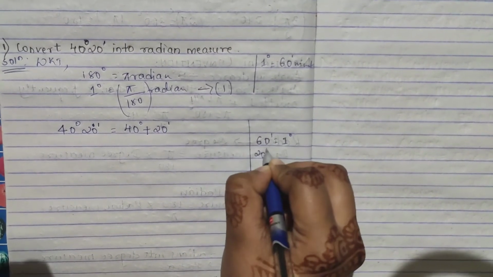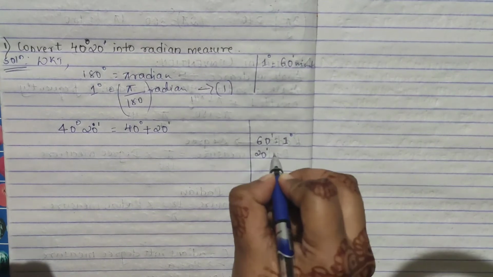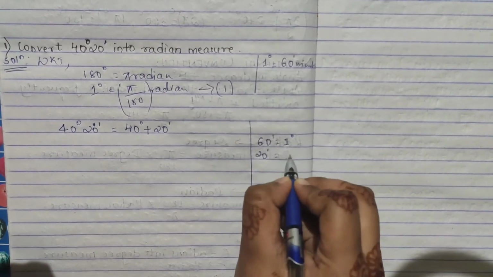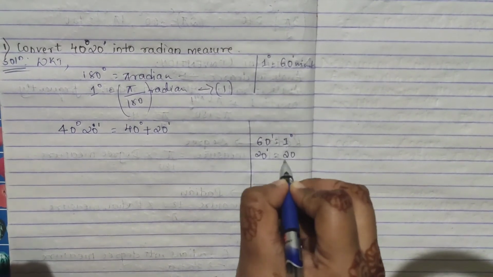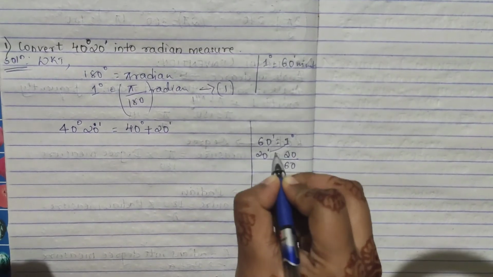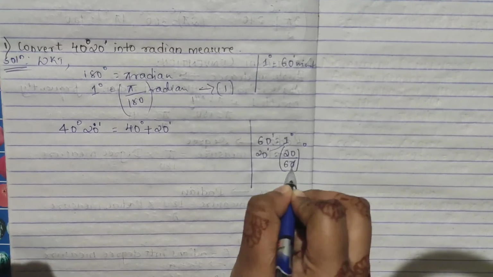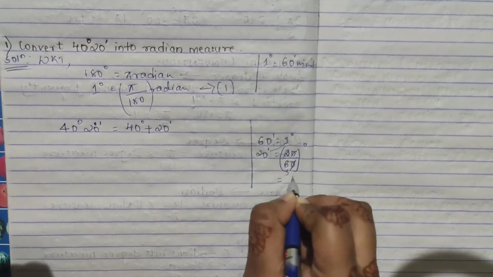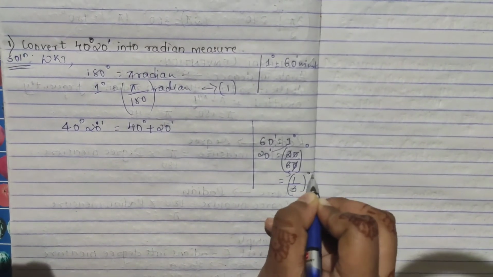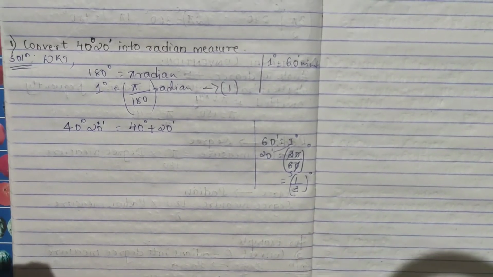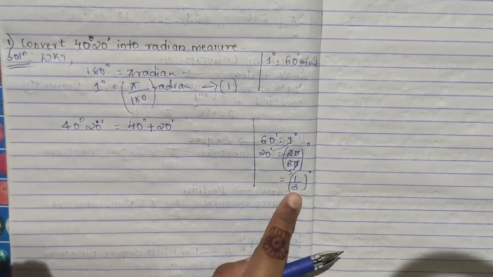So 20 minutes will be what? This will be 1 by 60, so it will be 20 by 60, right? Cross multiplying, I am converting into degree. So 20 by 60, 2 ones are 2, 2 threes are 6, so what do I get? 1 by 3 degree. Understood? For your 20 minutes we get 1 by 3 degree.